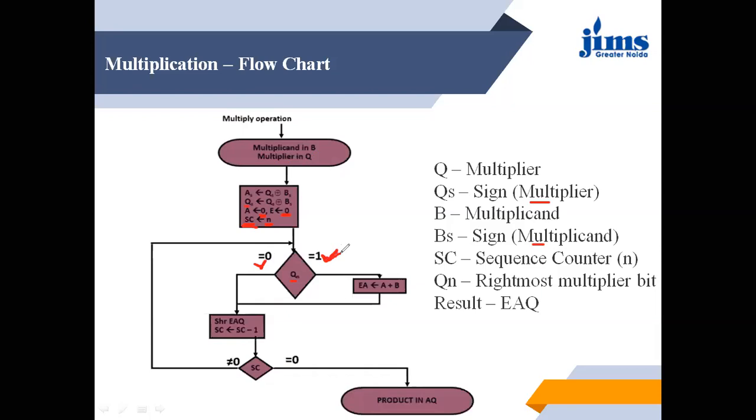The main thing here, as we discussed, is that we have to check whether the circuit is going to perform as an adder or a subtractor. Only and only this is the difference, to check the value of Q. If this is equal to 1, then it will perform as an adder, a plus b.